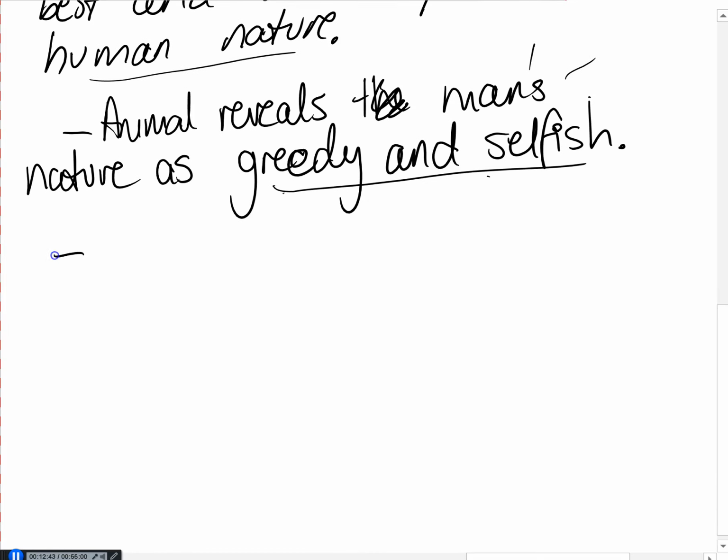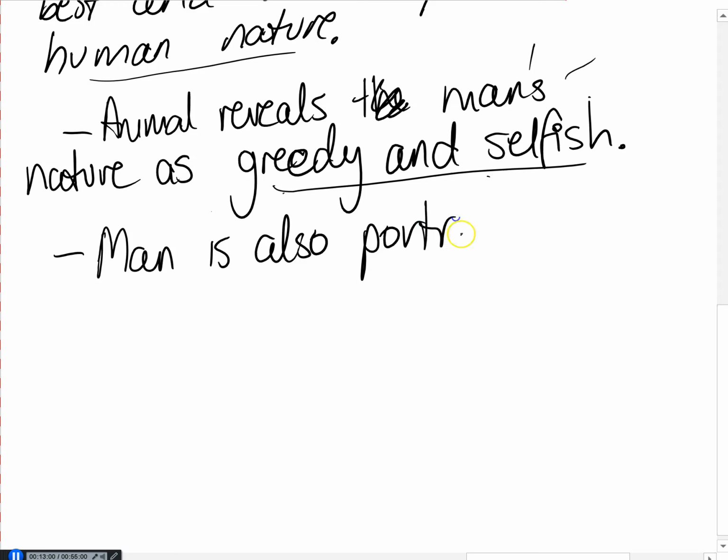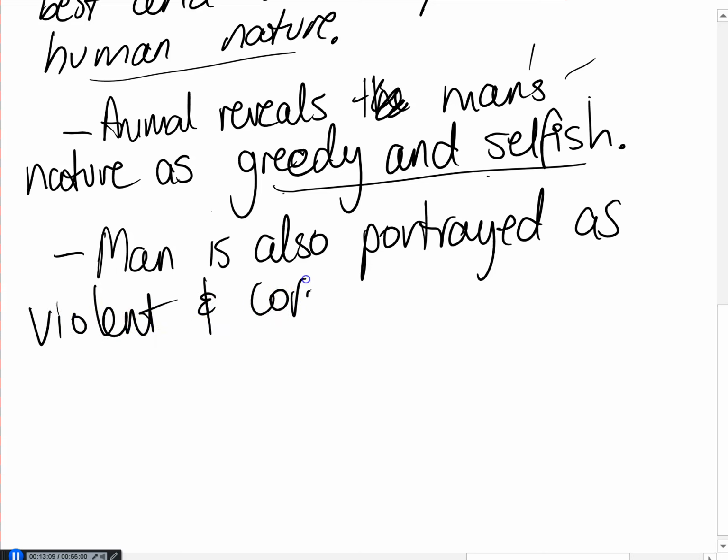Point 2 might be, I could choose to talk about the idea that man is also portrayed as violent and corrupt.